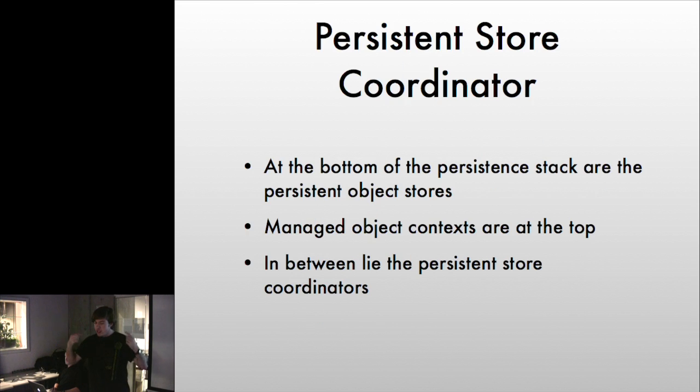Okay, so at the top of this persistence stack, like I said, we have the managed object context, which is this really high-level abstract way for you to manage objects. And all the way down at the bottom are the actual persistent object stores. So this might be an XML file, this might be a SQL database. It's just some way of storing things in some persistent way. And in between are what they call persistent store coordinators, which are your intermediaries. These are how the managed object context communicates down with the actual persistent stores to make changes.